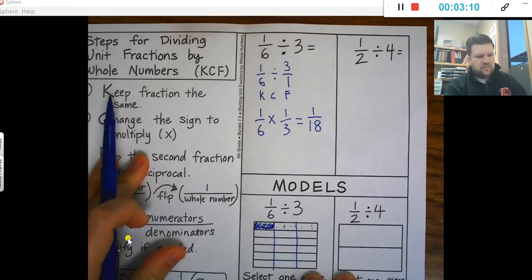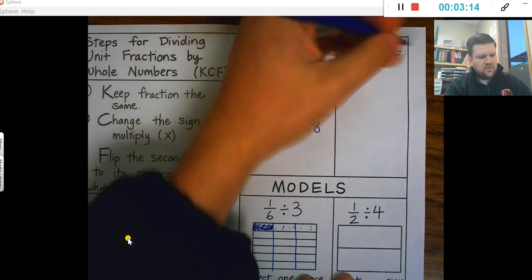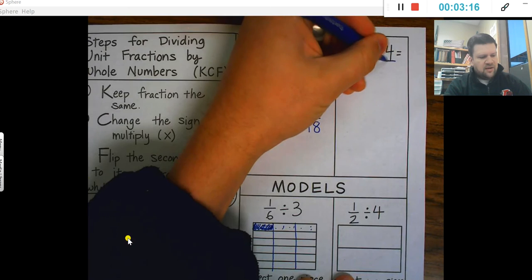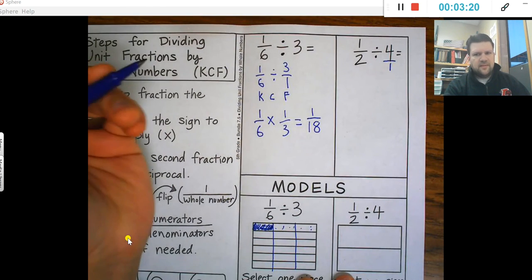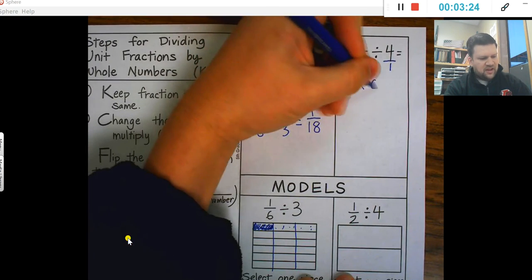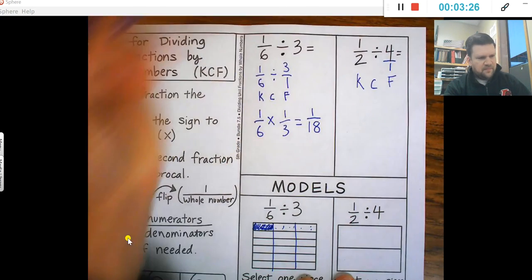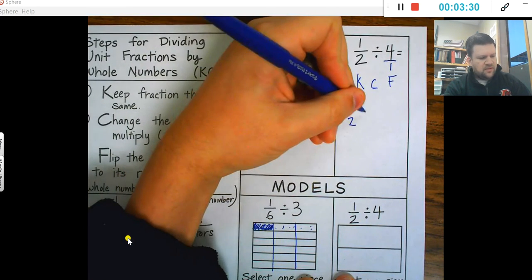Let's look at one more example. 1/2 divided by 4. Just so I don't have to rewrite it, what I'll do is put the 1 under it just like that. Then we'll do keep, change, flip. So I keep 1/2, 1 over 2.